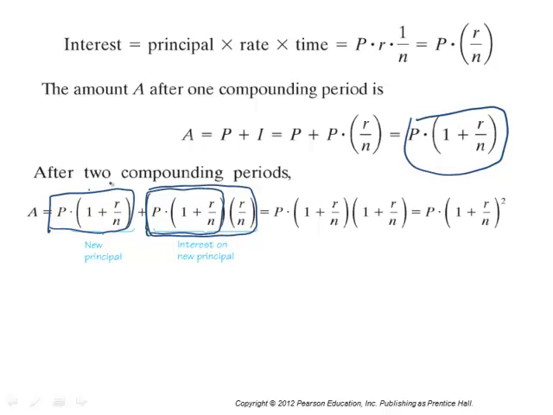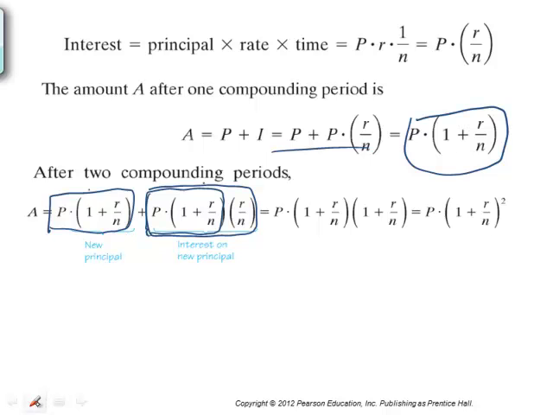So this is principal plus interest. I know it looks a little bit confusing, but just understand that this first part is the principal, and this is the interest for the second period. This is just breaking down what we just did. This is a repeat of what we did up here, except instead of P, you have P times 1 plus R over N, because remember, at the end of each period, you add interest to that principal to make a new principal.